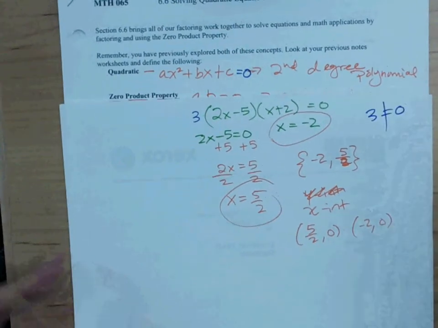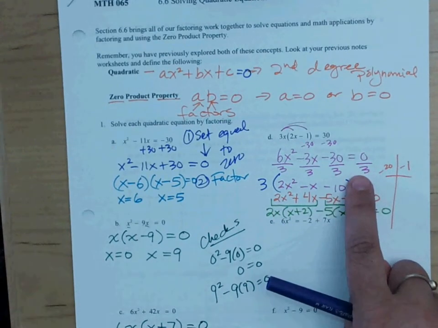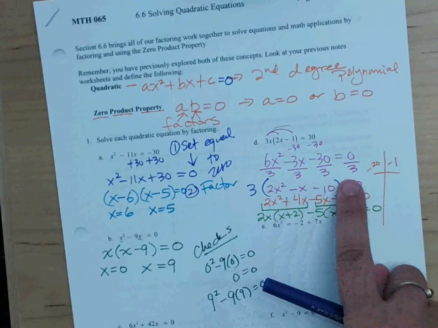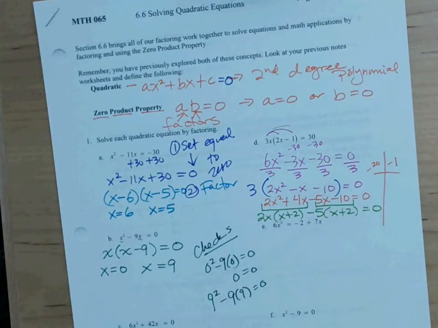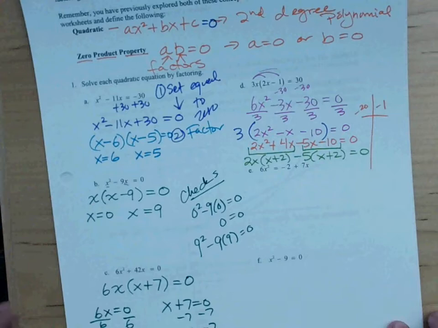So that's why it doesn't really affect the solution. When I have a GCF that's a number, not a variable, I can just divide it out because that's just the division rule of equality, right? As long as I do the same thing to both sides, I can multiply or divide both sides by the same thing.